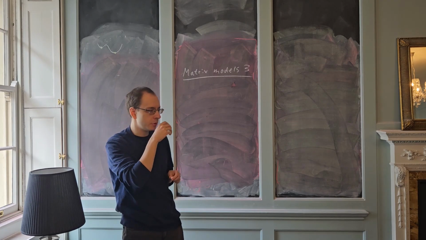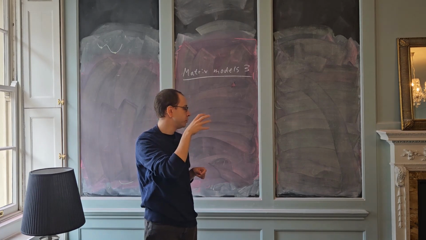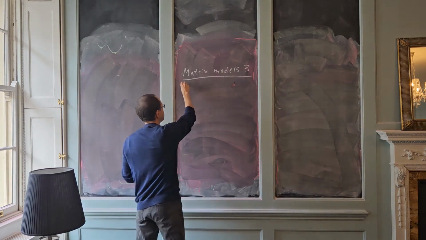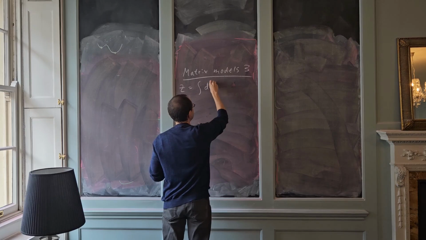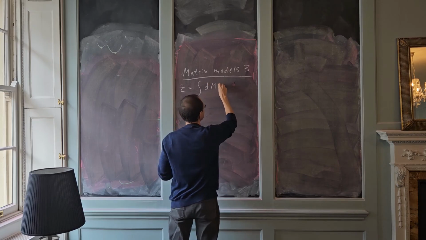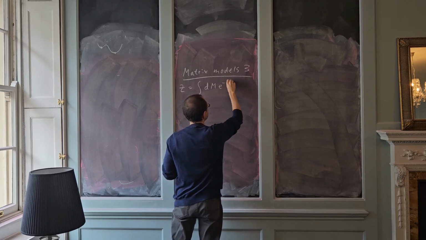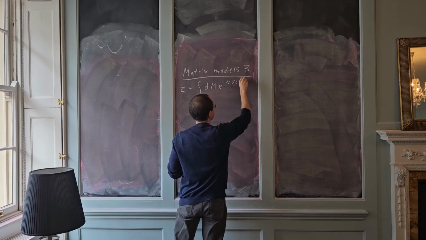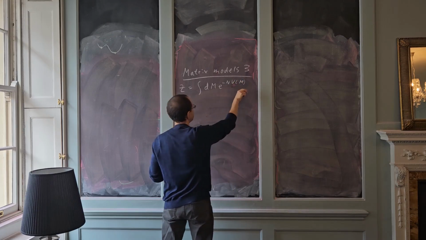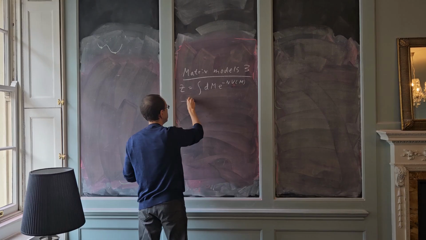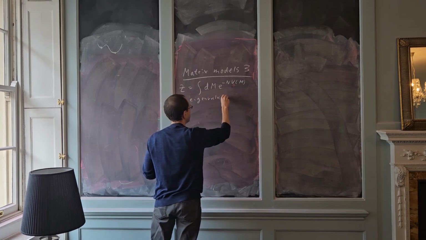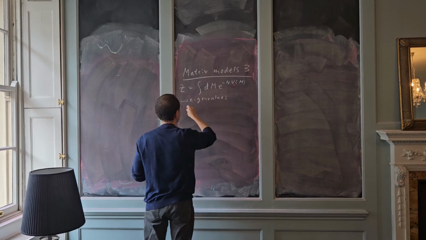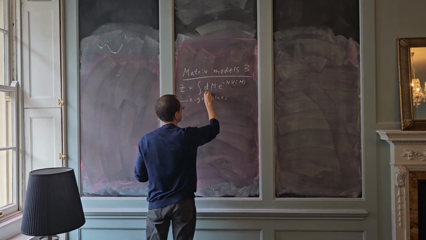So the previous time we wrote down how to reduce the original integral over matrices, of the kind integral dM e to the minus N V of M, where V is some potential, to an integral over eigenvalues. This is the space of Hermitian matrices.